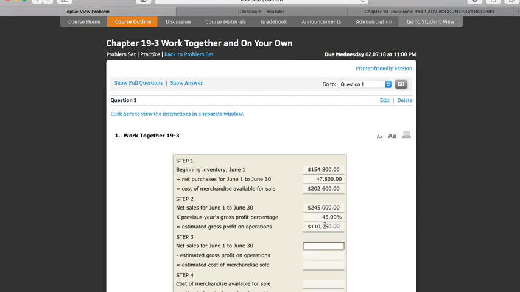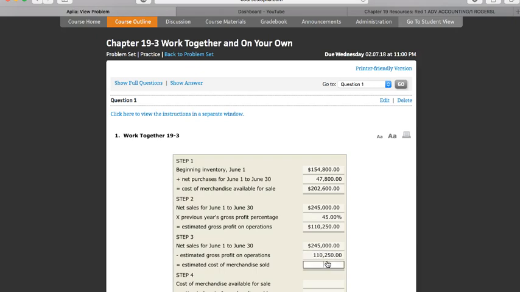Okay, that was step two. Now step three. It says our net sales for June 1st through June 30th. And we already know that. That's this number here. So that's 245 minus our estimated gross profit on operations, which is this right here. So our 110,250.